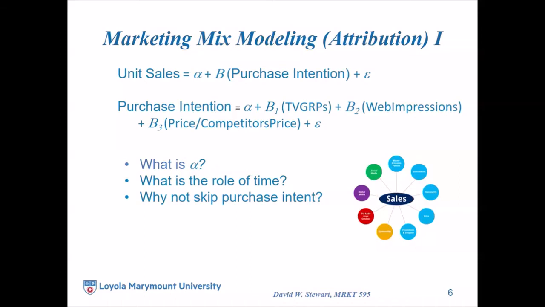By the way, there's a reason why this is GRPs and not advertising dollars. There's a reason why this is web impressions and not how much I spend on digital. Because dollars are a very coarse measure of marketing activity. You really want to know, what did you buy? I could spend $5 million on advertising, and that would get me one Super Bowl spot.